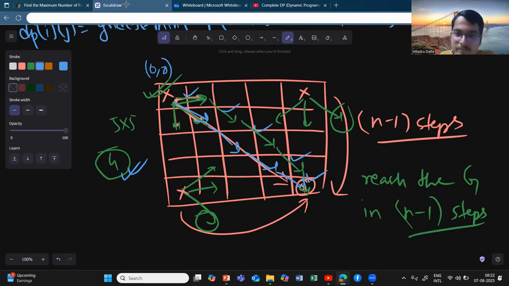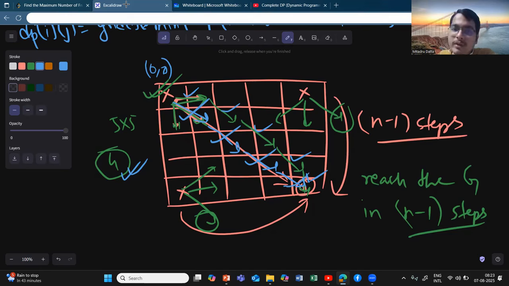I hope you understand this, because if it moves away from the diagonal at any point, it will end up taking more steps to reach the end point, which will be more than n minus 1. So moving along the diagonal is the most optimal path. And what is the number of steps in the most optimal path? You count: this is one step, this is two steps, this is three steps, this is four steps.